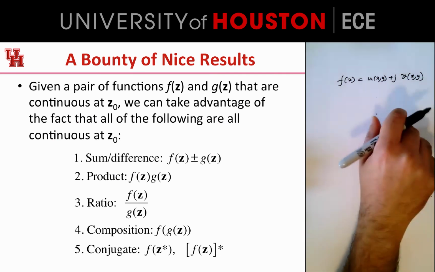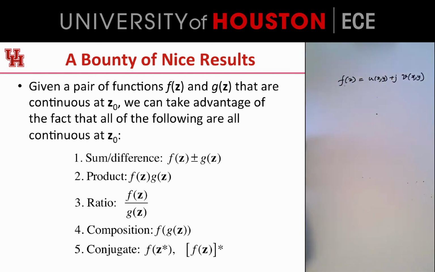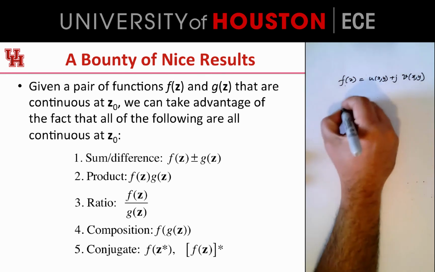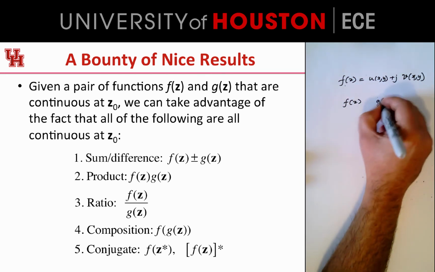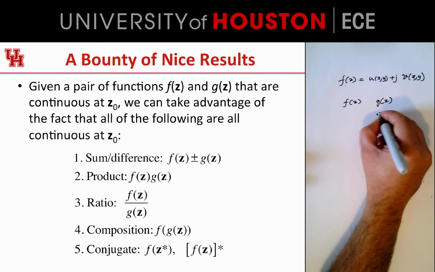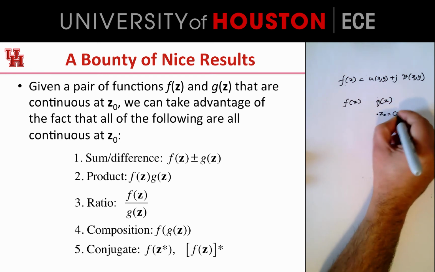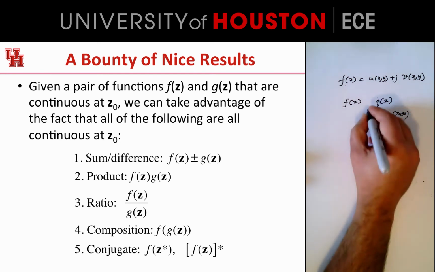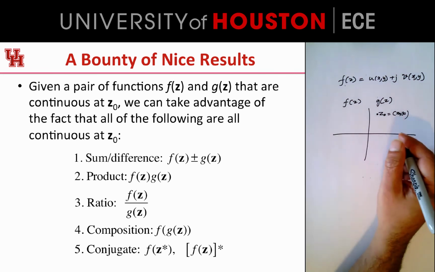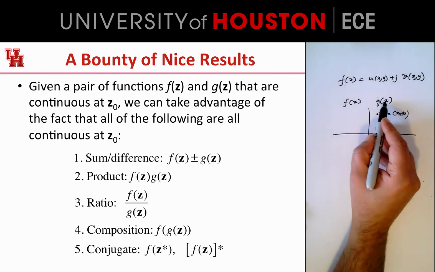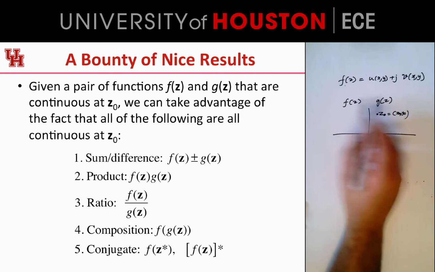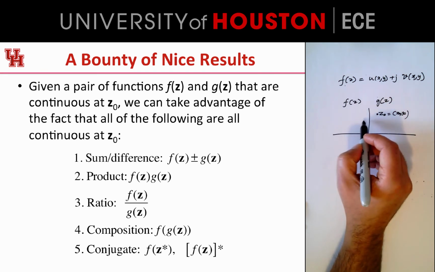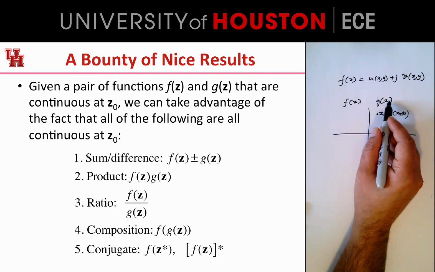Now, there are some nice results that are bestowed upon functions that are continuous. So suppose you have functions f of z and say g of z, and suppose you look at them at a particular point, say z naught equals x naught, y naught, in the complex plane. Then if this is continuous and this is continuous, then their sum is continuous, and so is their difference, so is their product, so is their ratio, unless of course the denominator is 0.